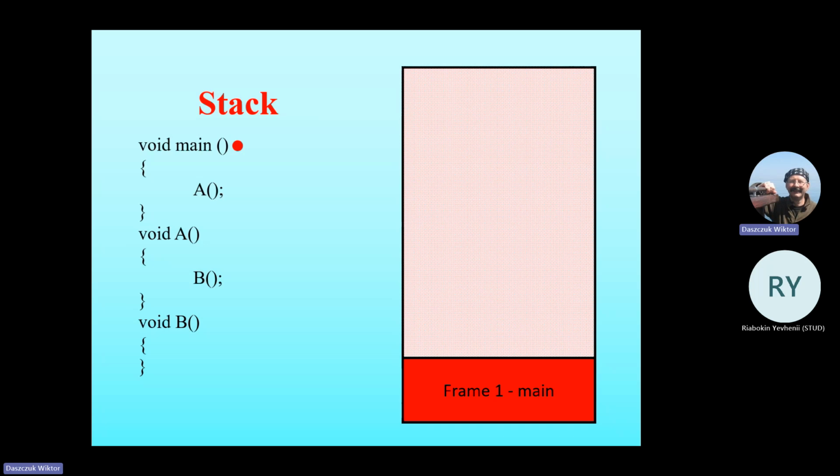Because every frame contains two parts. In the literature they are sometimes mixed, but in fact there are two parts, because part of the frame is created by the calling subroutine and part by the called subroutine.